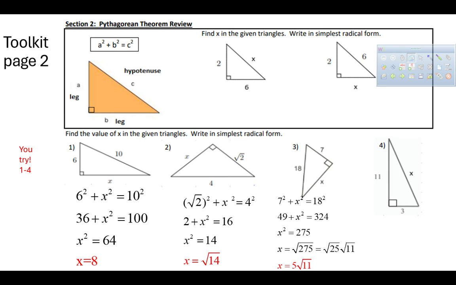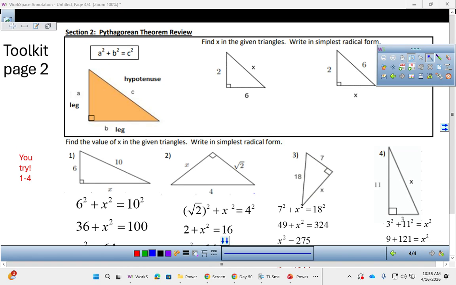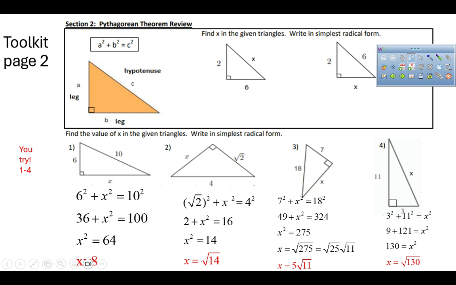If it can simplify, you should simplify it. Last one, hypotenuse is x. So it doesn't really matter what a and b are, x needs to be on the other side of the equation. And 130 actually doesn't simplify, it doesn't have any perfect square factors. So it just stays as is. Pythagorean theorem in only one.